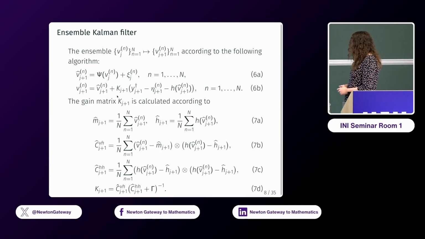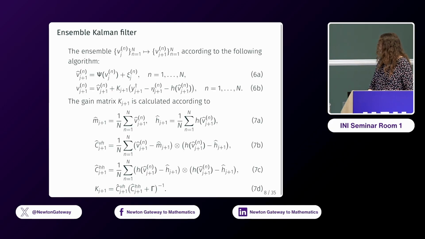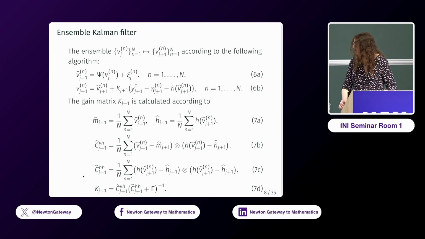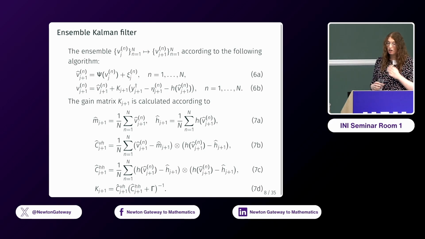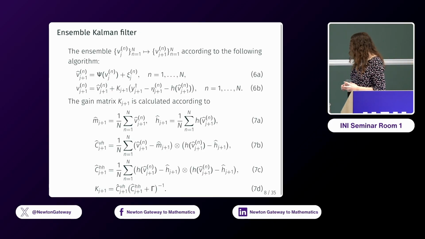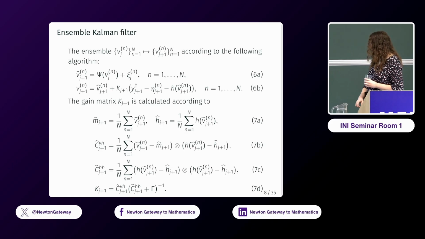The difference is that here we're computing the Kalman gain based on covariances that are computed from the ensemble itself. So it's a type of Monte Carlo method. So we have this cross covariance between the particles in the state space and the ones mapped into the observation space, and then we also have the covariance of the particles in the observation space.